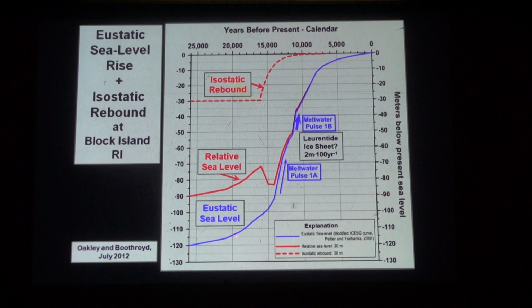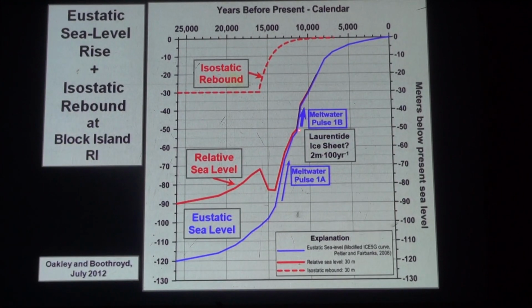And so here is eustatic sea level. It's the blue line. The red line we won't worry about right now. That's another time. But anyway, about 26,000 years ago, sea level rise started off slowly because the ice didn't melt very much, and the ice edge was kind of thin. Then it picked up and melted quite rapidly.